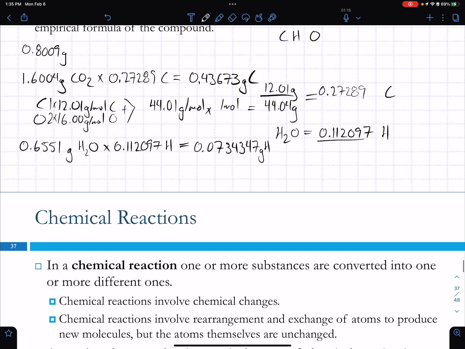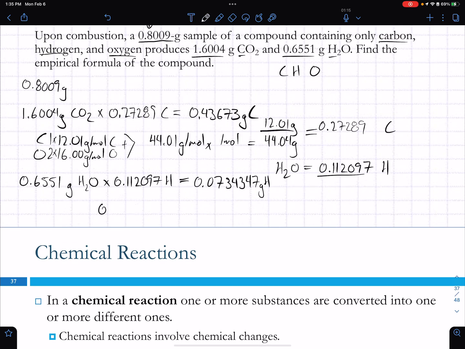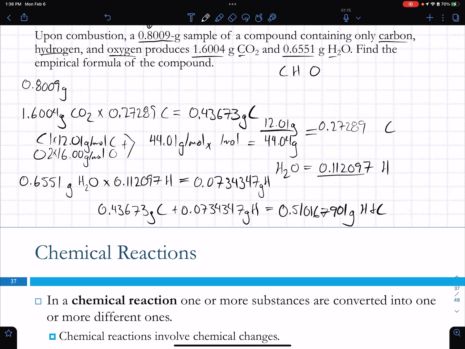So with that in mind, now we can take our 0.43673 grams of carbon plus 0.0734347 grams of hydrogen, and that equals 0.510167901 grams of hydrogen and carbon together.